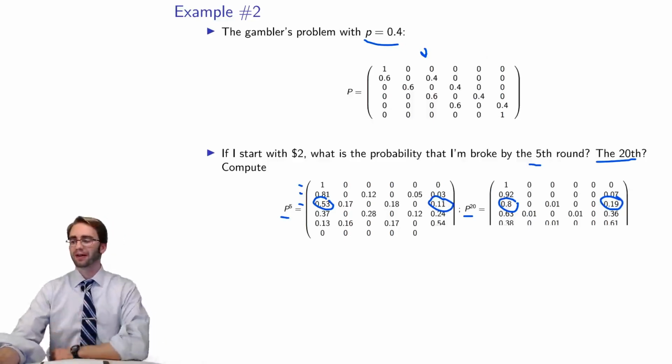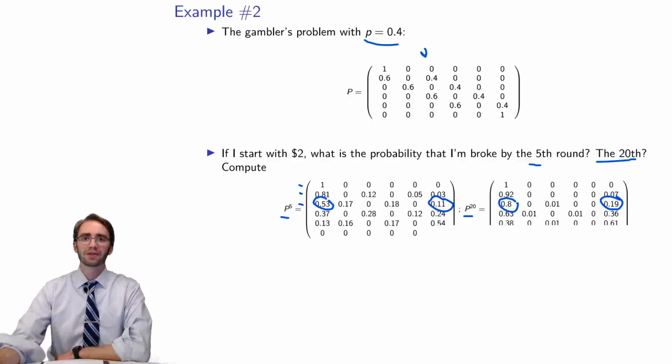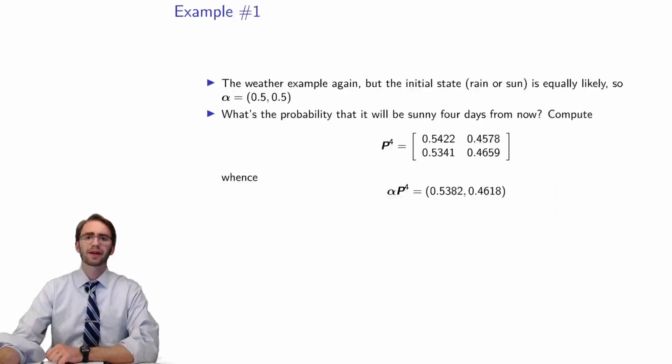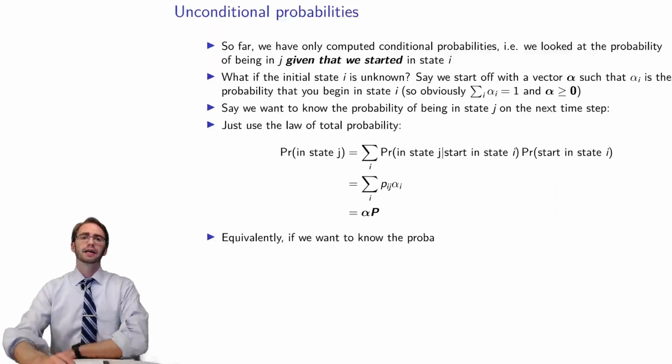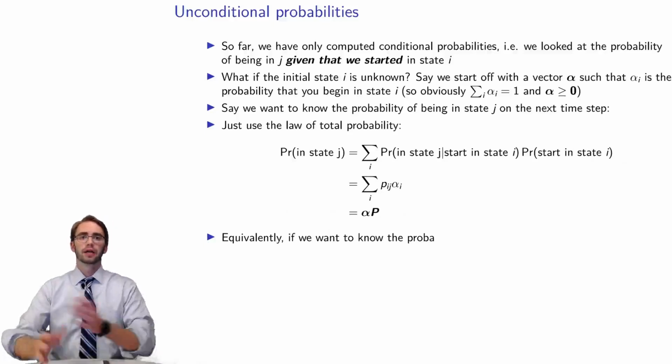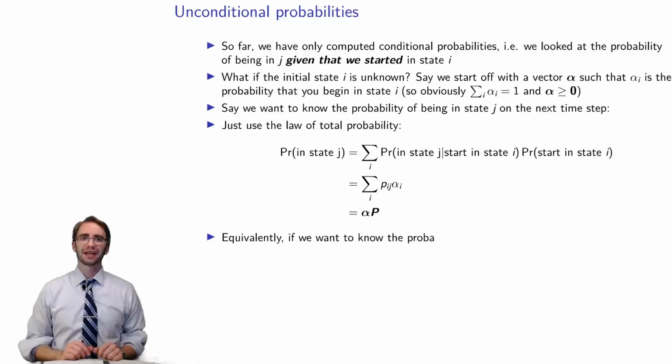If you wanted to talk about how things are, how you expect them to look in the distant future, let's talk about unconditional probabilities. In all of the examples we've looked at so far, I've always told you that you start in a certain state, right?